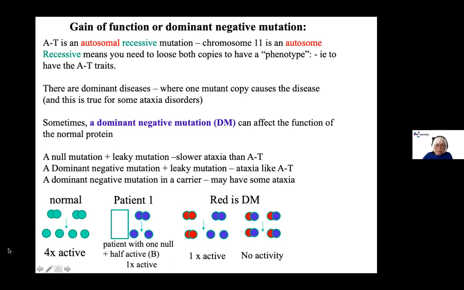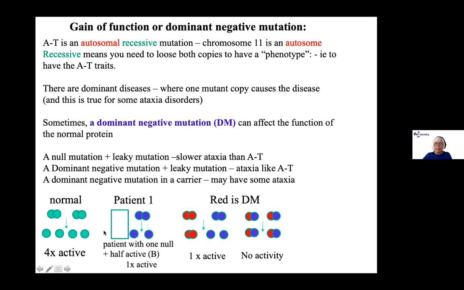So here I've depicted normal protein from one of the chromosomes, from the other chromosome, binding to itself. But when you get the presence of damage, it can separate, become what we call a monomer, and you've got 4 times the activity because each one of these will be active.